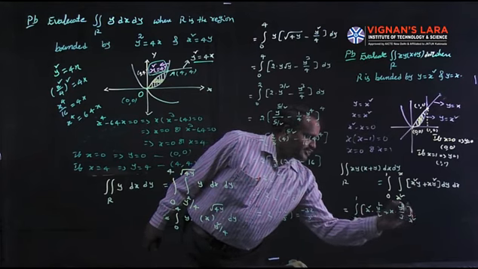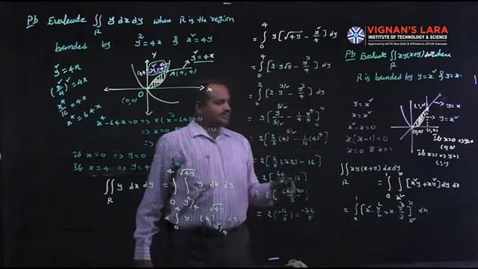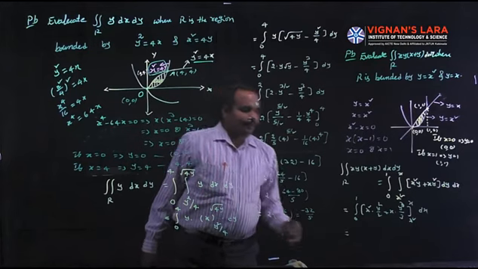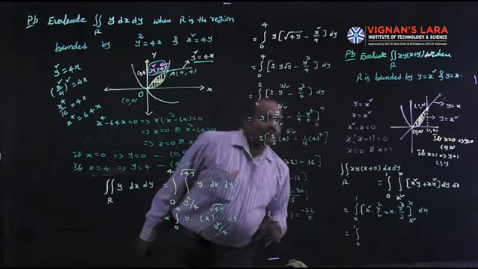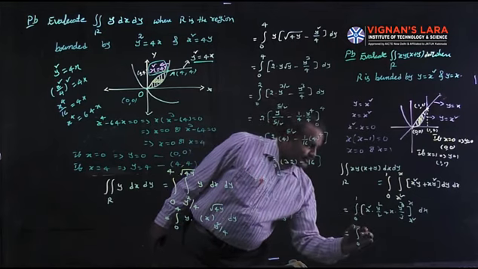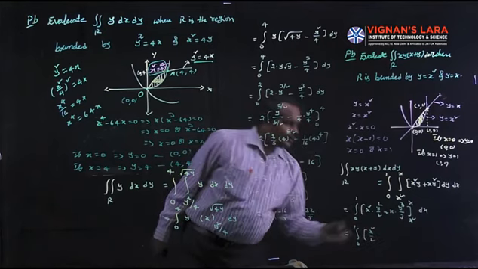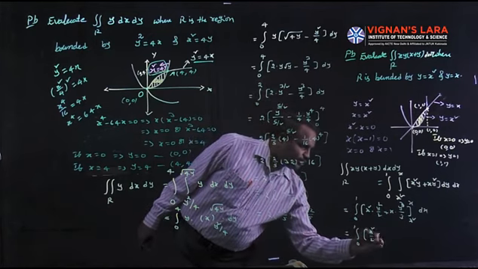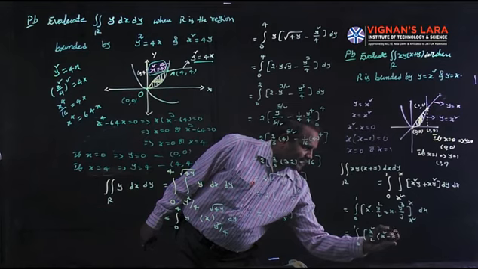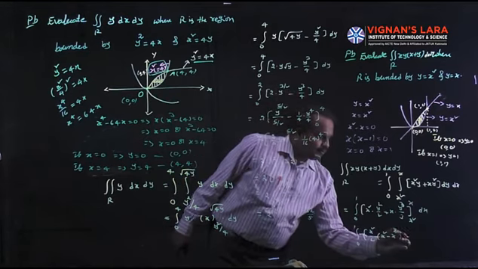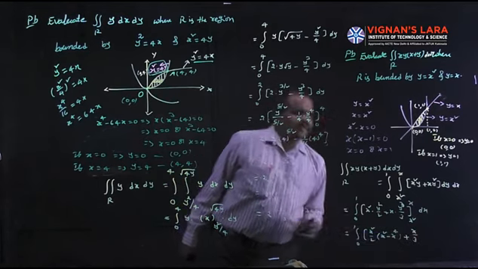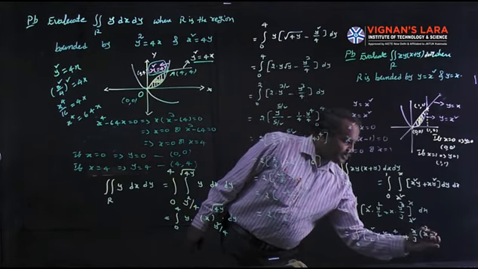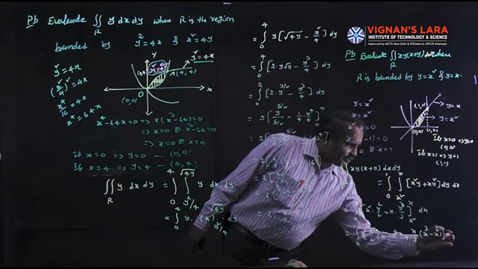Limits are x² to x, dx, which is equal to integral 0 to 1 of x²/2 times (upper limit x, lower limit x²), that is x² minus x⁴, plus x/3 times (upper limit x³, lower limit x⁶) dx.